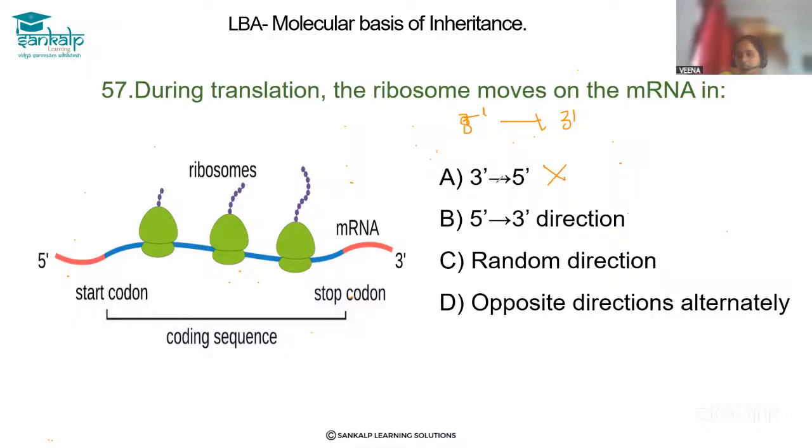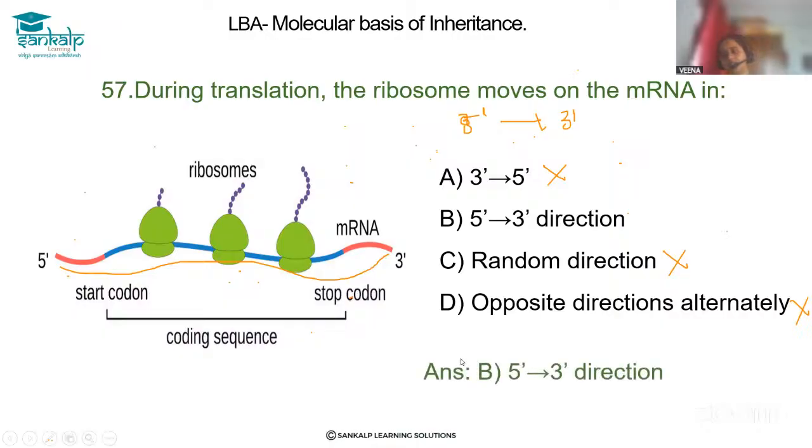It cannot synthesize from 3 dash to 5 dash, and random direction is also not correct, and opposite direction alternately is also not correct. So the correct answer is option B, the 5 dash to 3 dash direction.